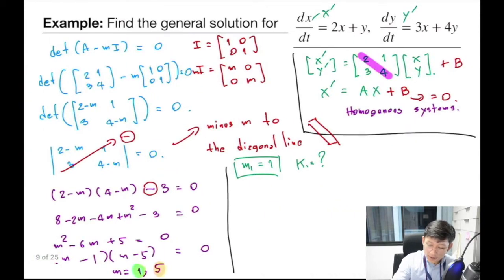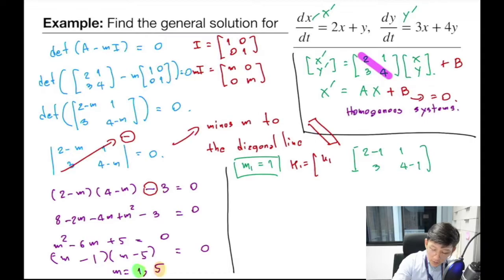So we have A, which is [2 1; 3 4], minus M1 times the identity, which gives [2 minus 1, 1; 3, 4 minus 1], multiplied by k1. Let's say I assume that k1 is [k1; k2], like that. This is a big K, this is a little k.